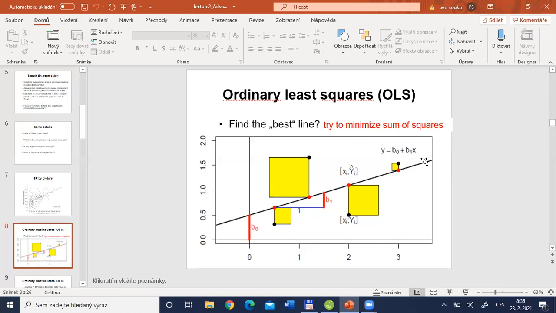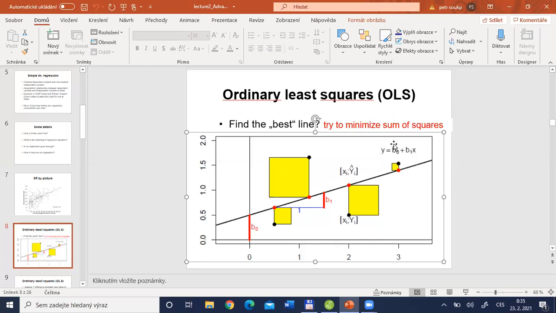And if you are preparing this line, usually every line has its own equation. In statistics, we usually use an equation such as y, the vertical axis, is based on something called the intercept, usually B0, and then the impact of the independent variable on the x-axis multiplied by something we usually call the slope.